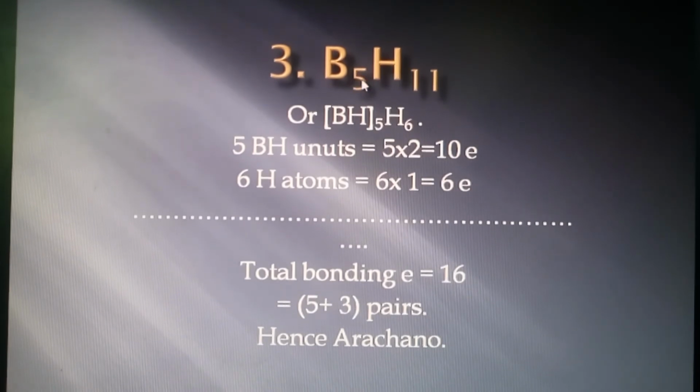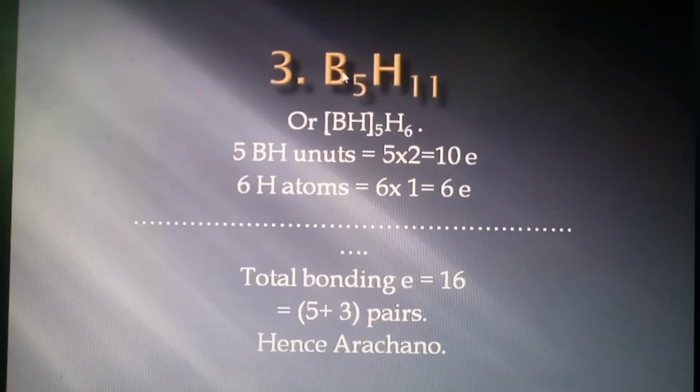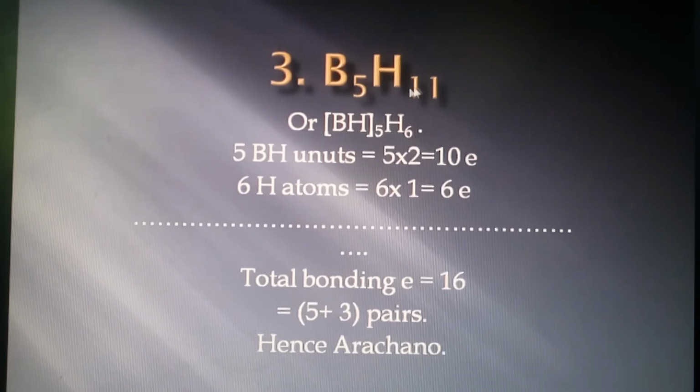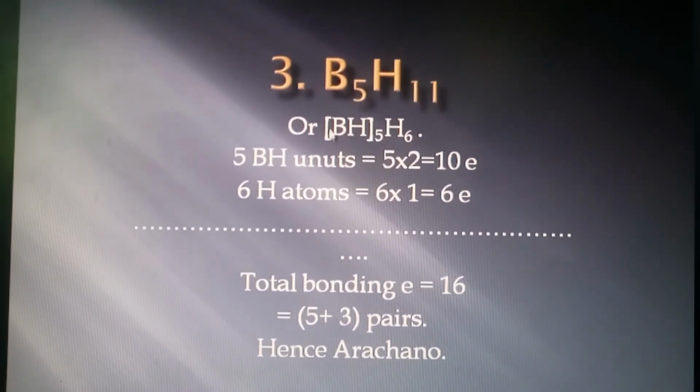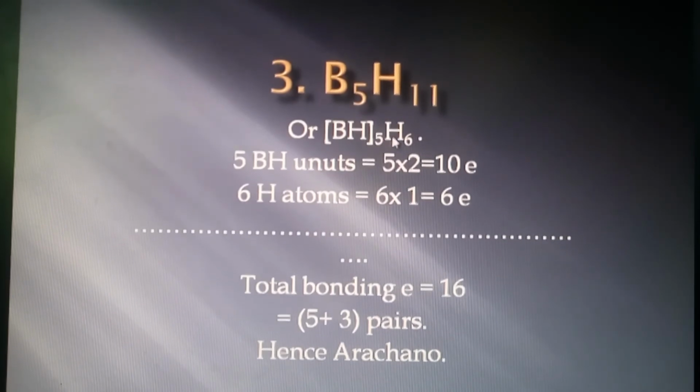Now let me calculate the number of bonding electrons in B5H11, pentaborane 11. Pentaborane 11 can be represented in this way, (BH)5H6.